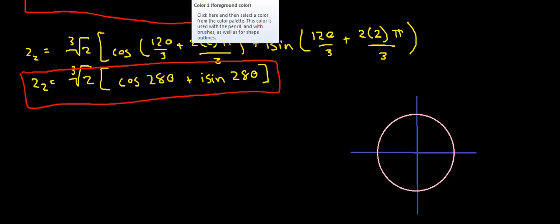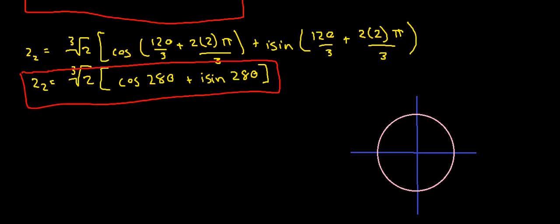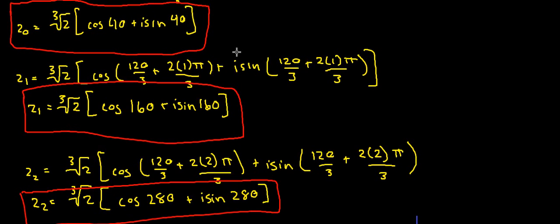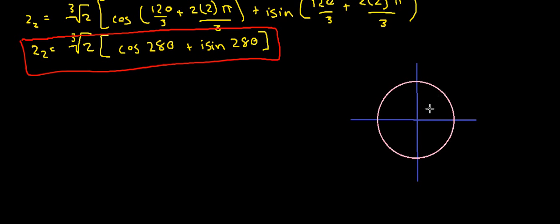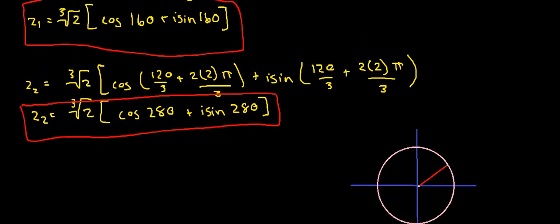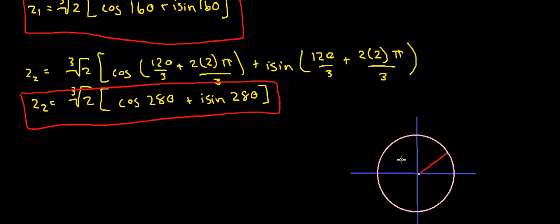I don't want to make my graph look ugly. So 40 degrees, that's about, so that's 45 degrees, so that'll probably be something like here. 160 degrees is 180, so minus 20 degrees, so it'll probably be like there.